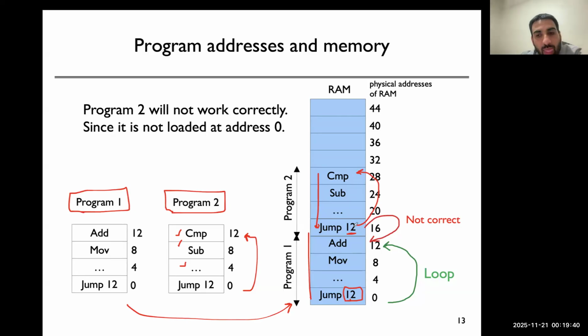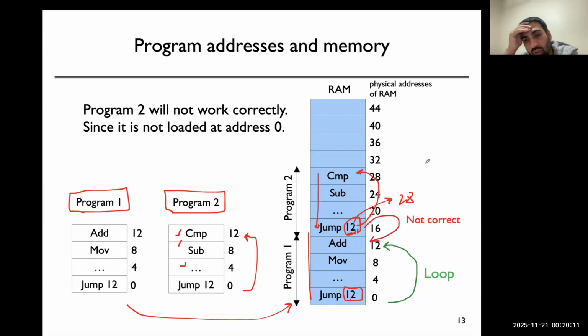So we have to change this address, and for that we need to know in advance where the program will be loaded, so we can write jump 28 instead of jump 12, and then it will work correctly. Either we need to change this absolute, physical address, and for that we need to know where the program will be loaded.